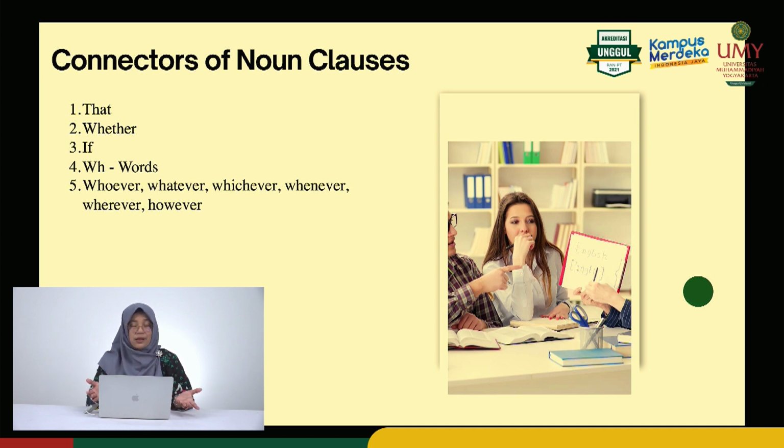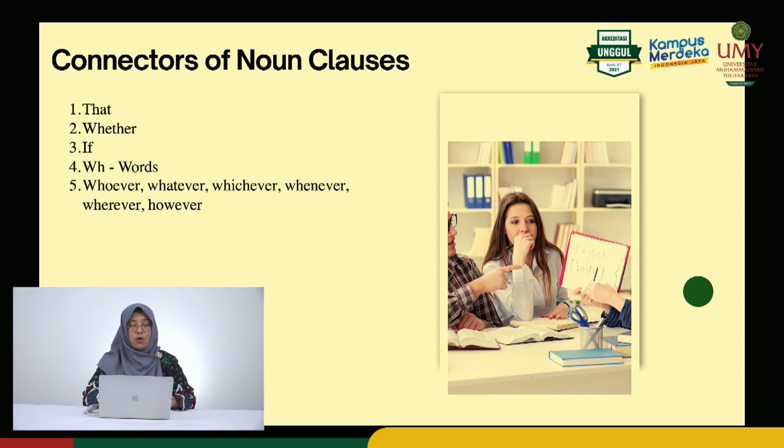And let's talk about the connectors or the conjunctions of noun clauses, because if you do not know the conjunctions, you cannot create noun clauses. So the first one is that. You use that if you want to make an indirect speech from a positive statement. For example, I know about it. I know that he's tired. Can be like that. And the other connector is whether. Normally we use whether as the connector if the original question is from an interrogative sentence. And also if.